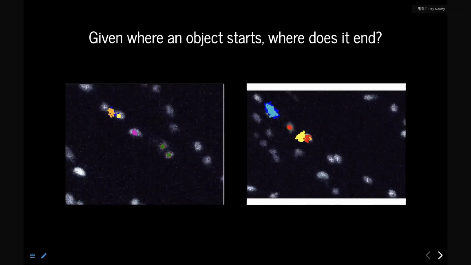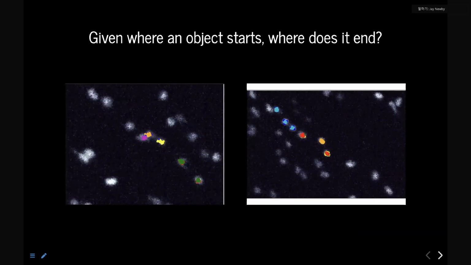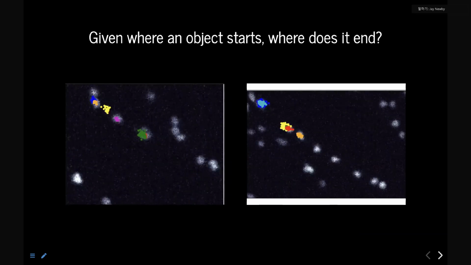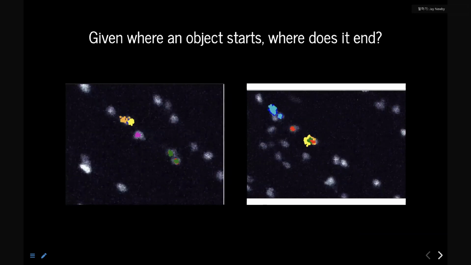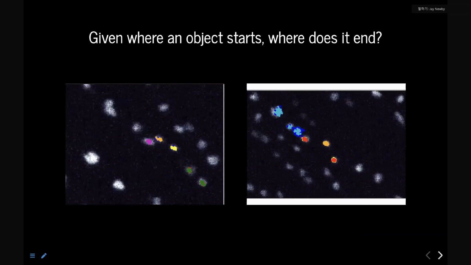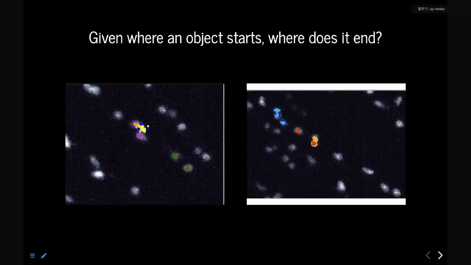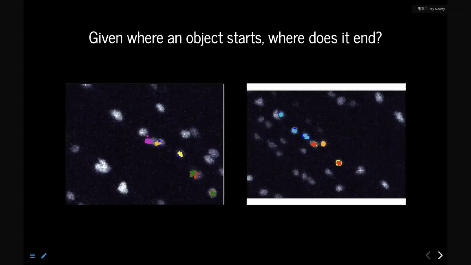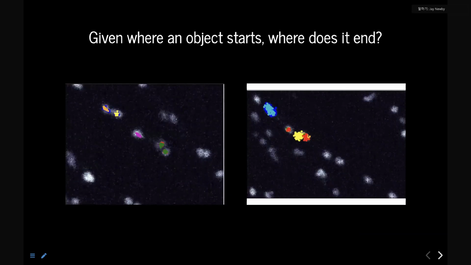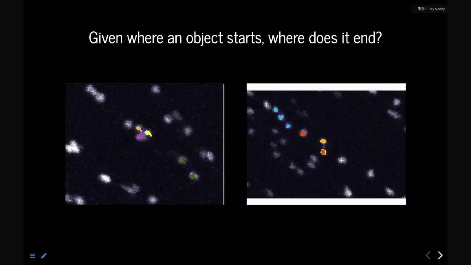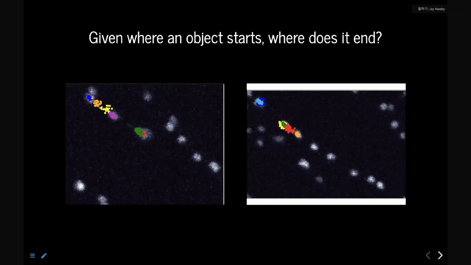The hypha keeps going in reality, but we only image it up to that edge. And this is the growing tip of the hypha, as we call it. There's uncertainty here because it's the growing end of the hypha.